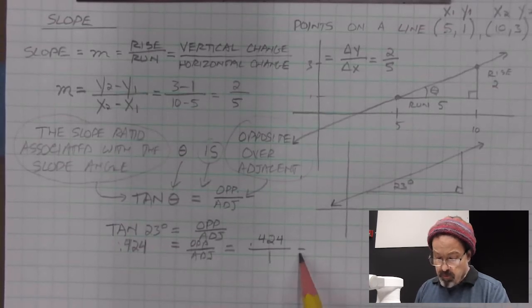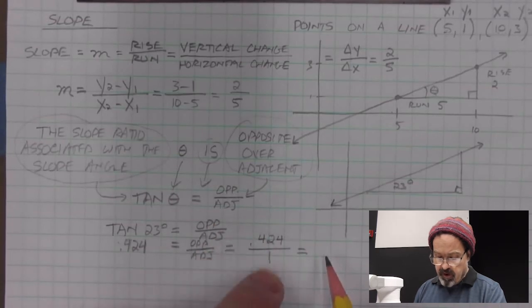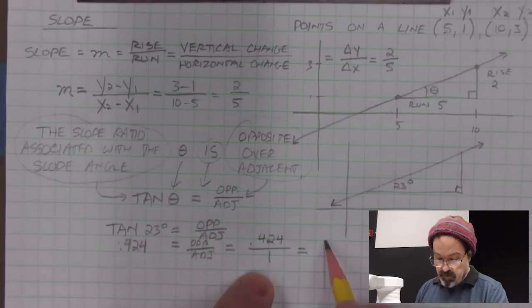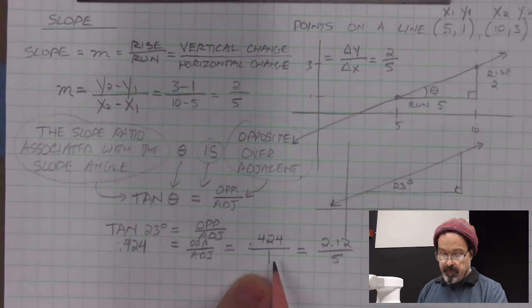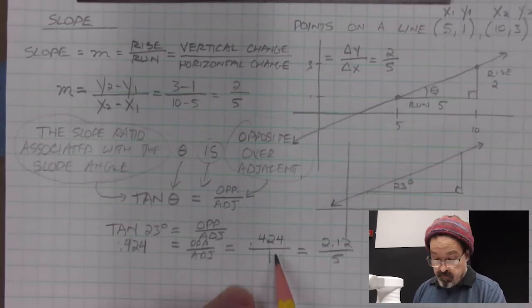It might be a little more helpful if we multiplied this by 5 over 5. It might look a little bit more familiar to the triangle that we were working with. I have my ratio. I multiplied by 5 over 5.